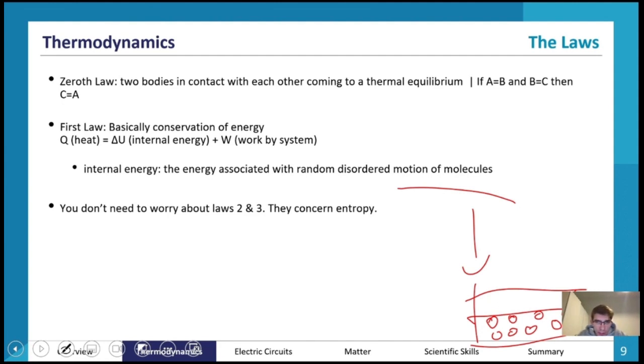So essentially, that's the internal energy of a system.